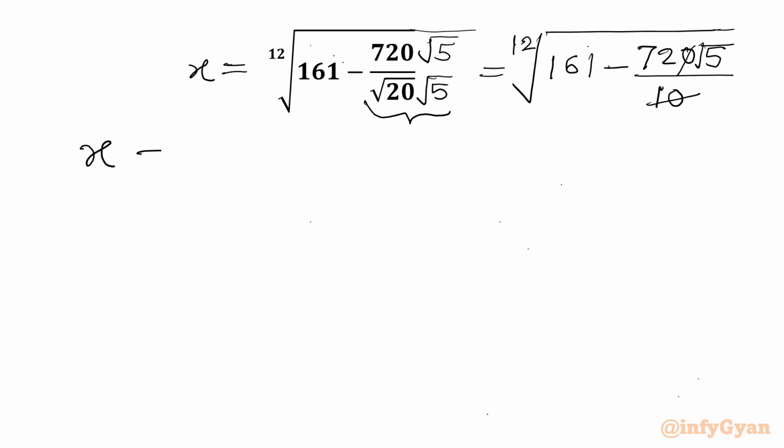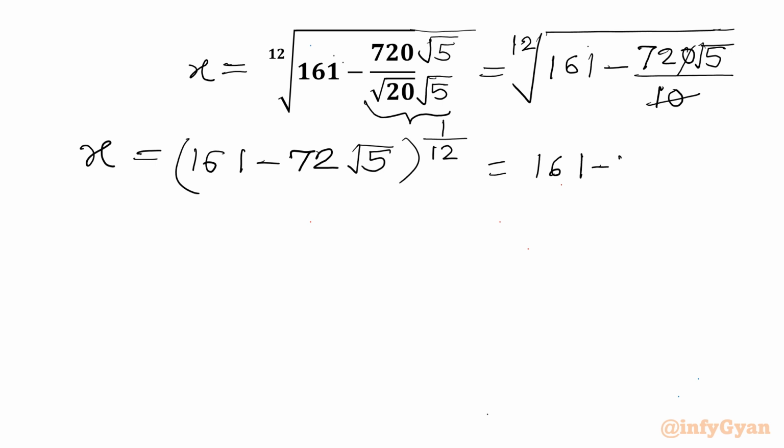So x is 12th root of, let me write in this manner, 161 minus 72 square root 5 whole power is 1 over 12. Now I can factor this 12 as 2 times 6.